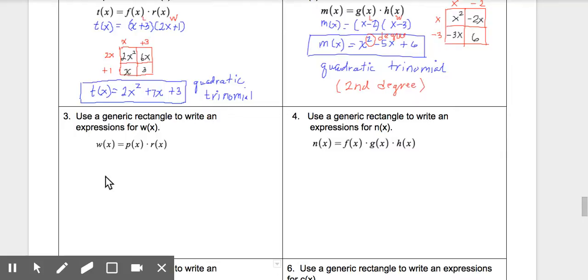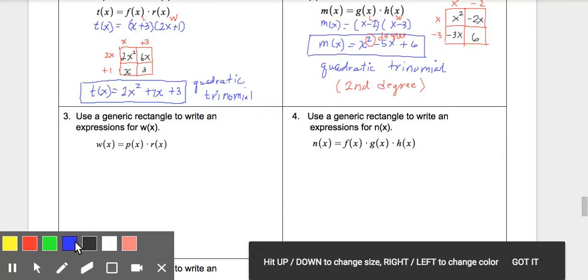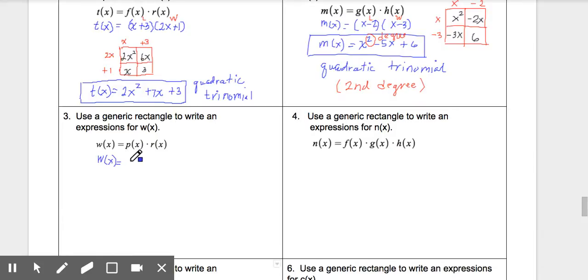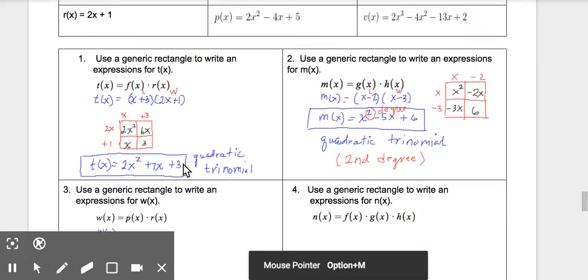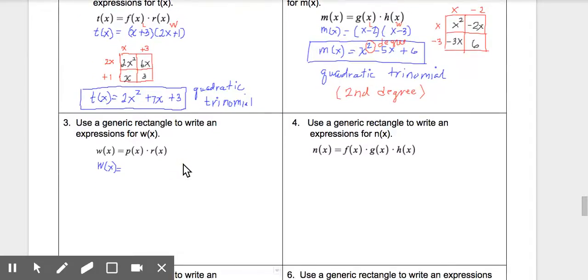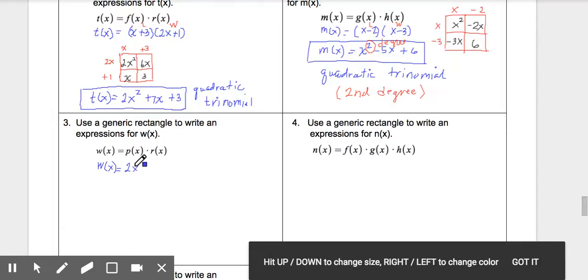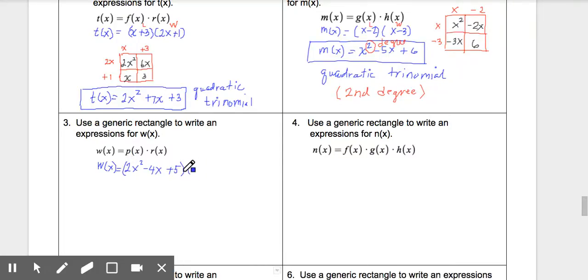So let's write down w of x is equal to 2x squared minus 4x plus 5 times r of x, and r of x is right here, which is 2x plus 1.